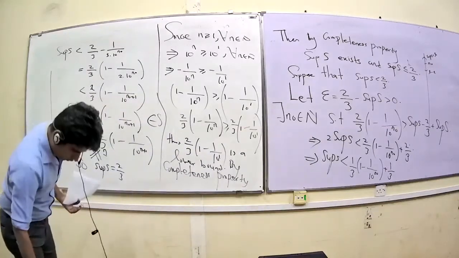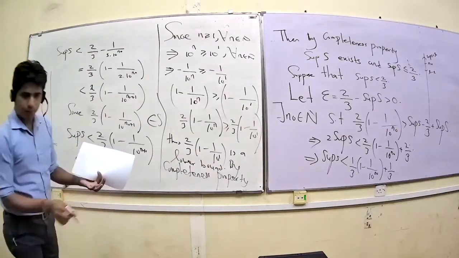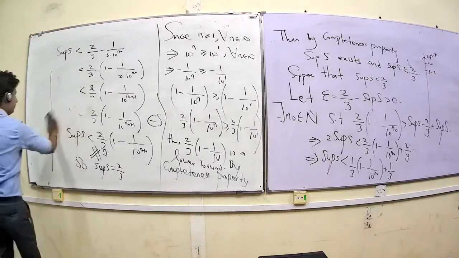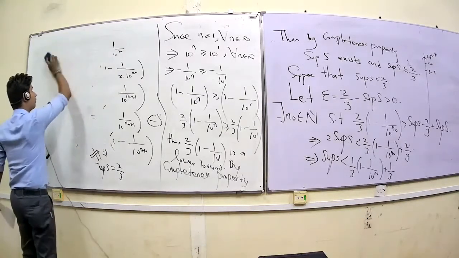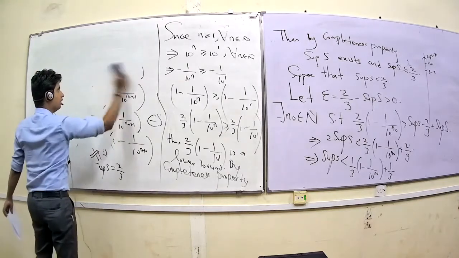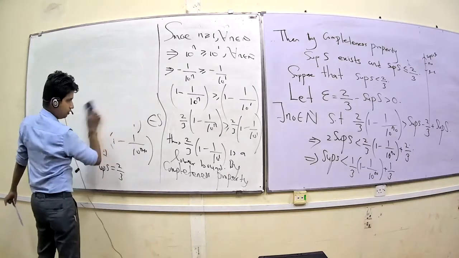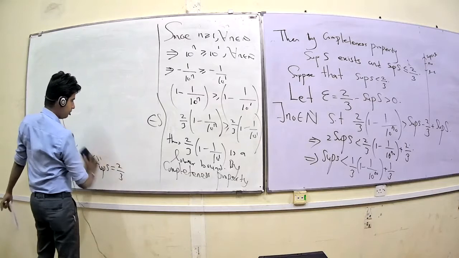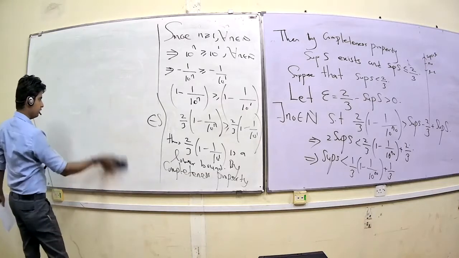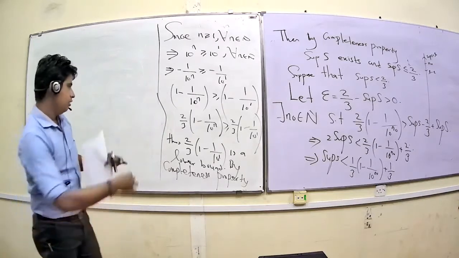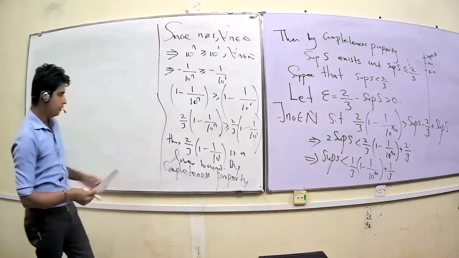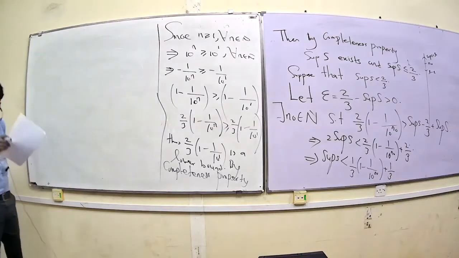By the completeness property, I mentioned that the infimum is the greatest lower bound and the supremum is the least upper bound, right? Greatest lower bound means the infimum exists, least upper bound means the supremum exists.